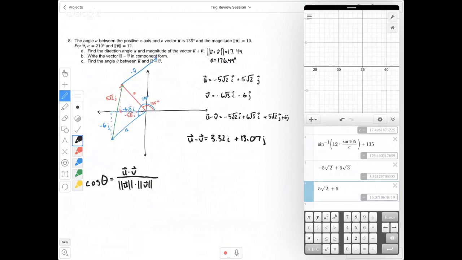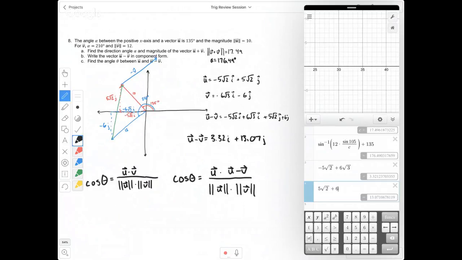So in this case, I'm going to say cosine theta equals u dot u minus v, knowing that u minus v is really one vector, over the magnitude of u times the magnitude of v.